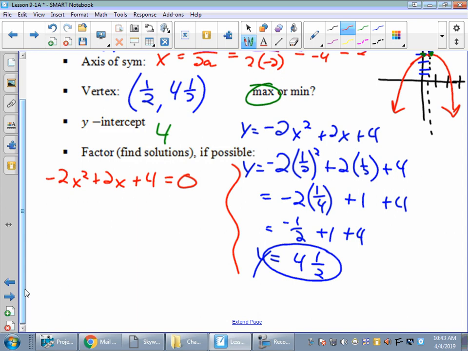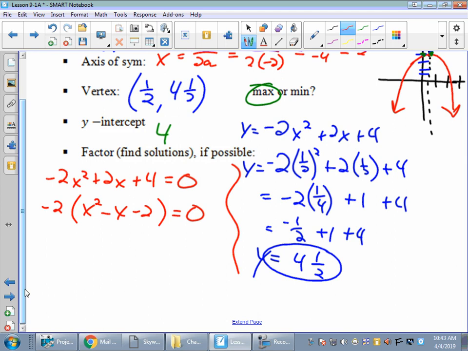Use whatever method: square method, product sum table, guess and check. The first thing I'm going to point out is that you could factor out a -2 here and then have x squared minus x minus 2, equals 0.